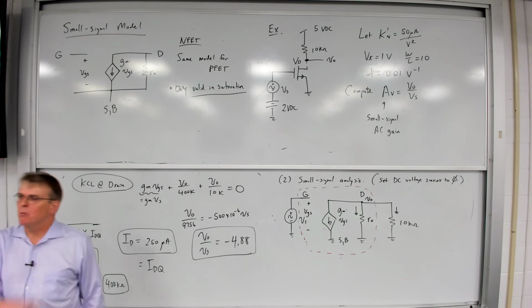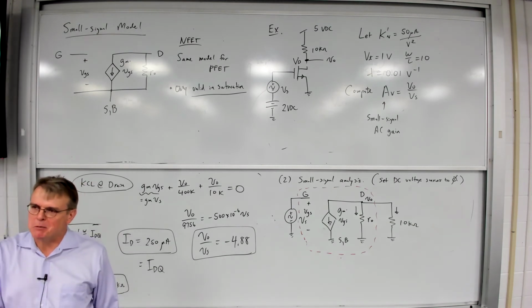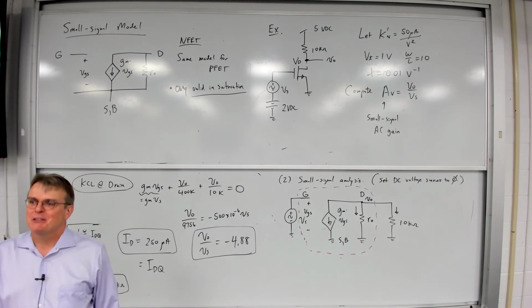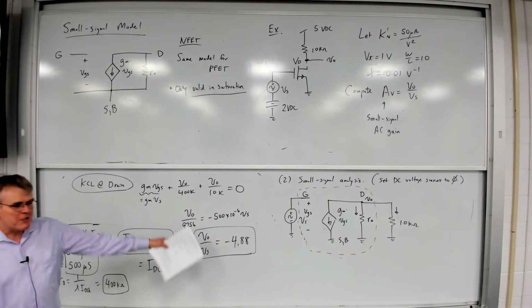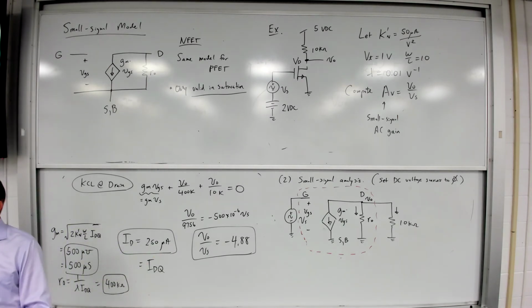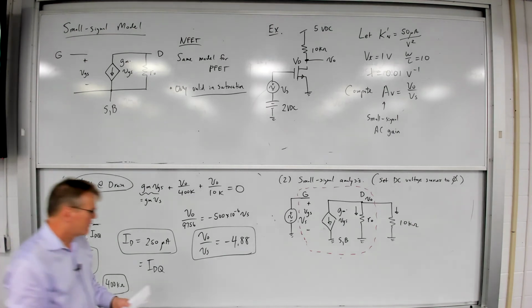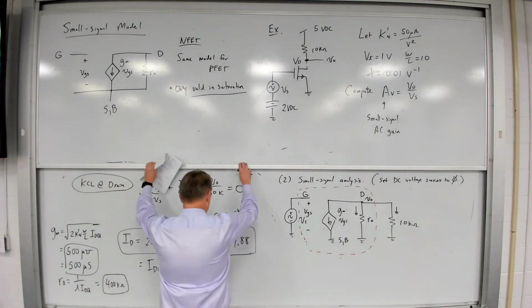Well, we've seen this. What did a negative sign mean when we looked at op amps back in Circuits 1? It's an inverting amplifier. What does that say about the phase of the input and the output voltage? They're out of phase with each other. So in this case, what you're going to see is something like this.